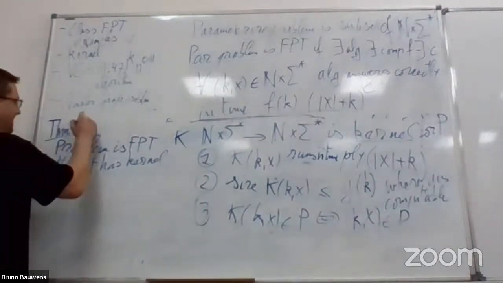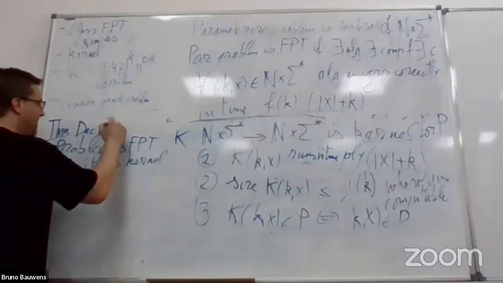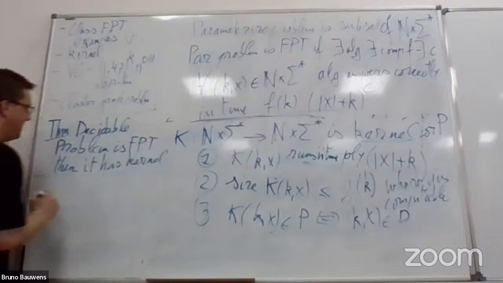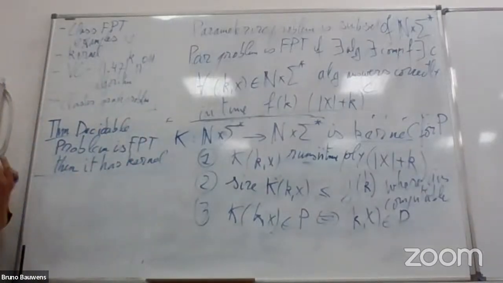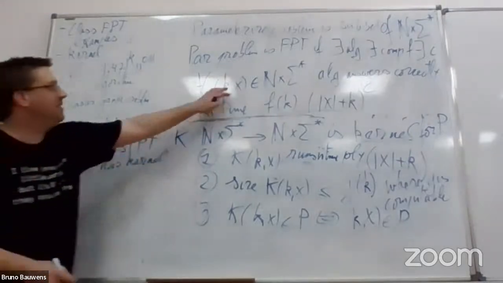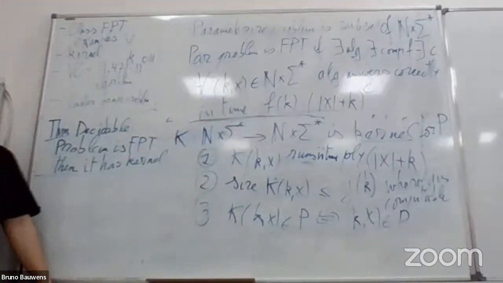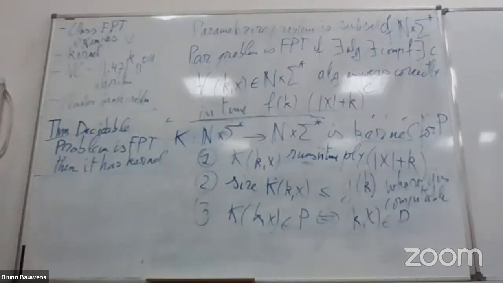A decidable problem means that there exists an algorithm that decides whether a given pair in the input is yes or no. Okay, now it works, because f of k is the maximum time to solve the problem for each input of size k.